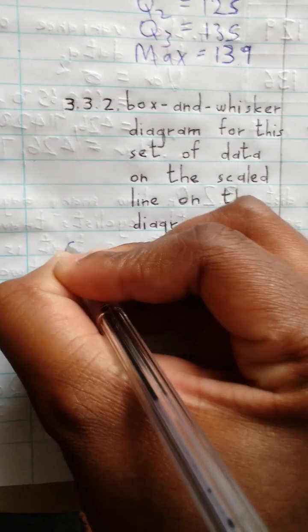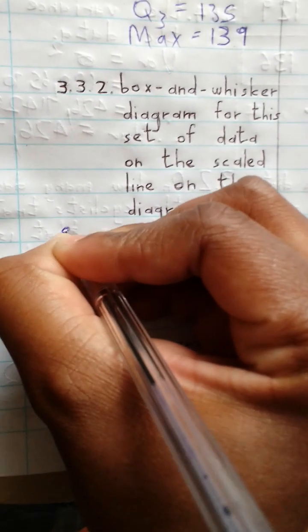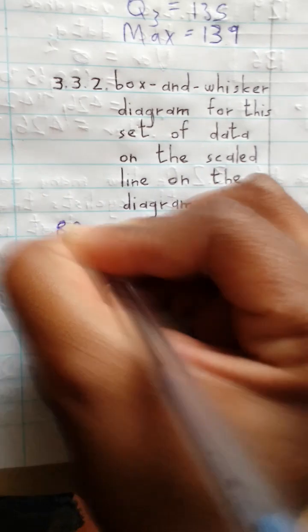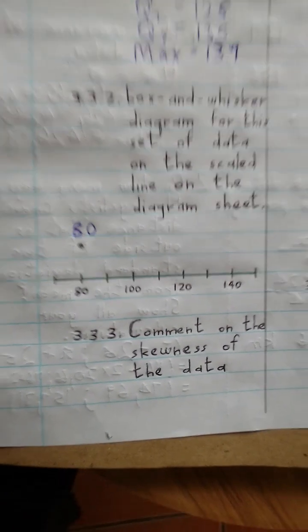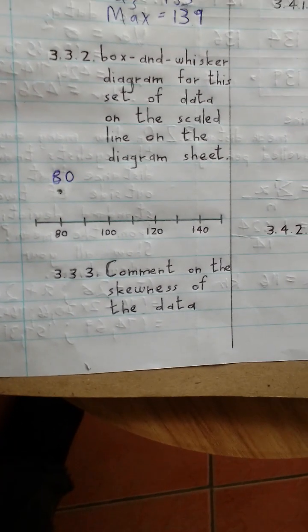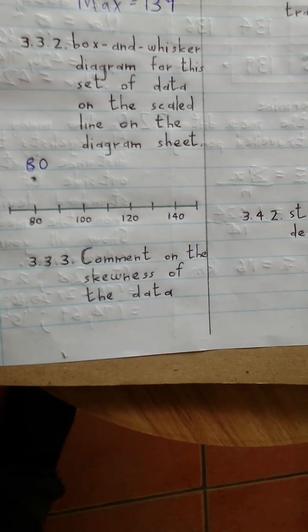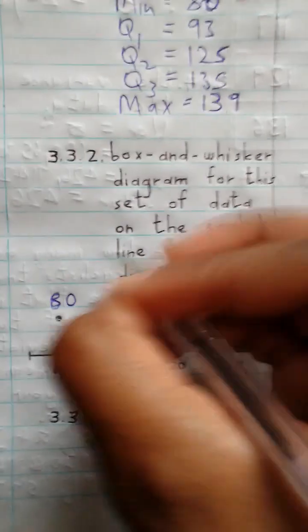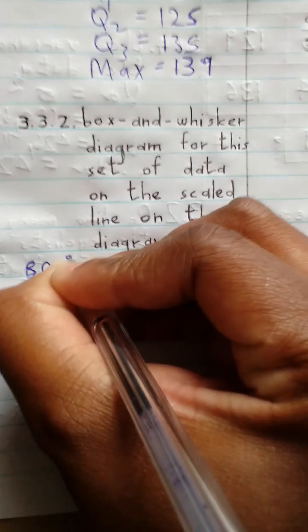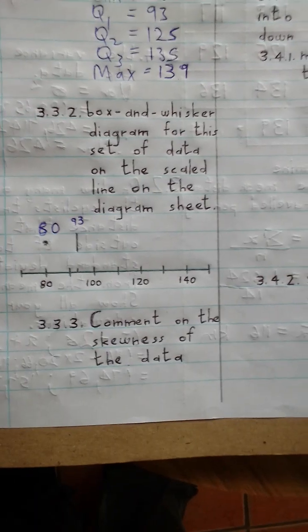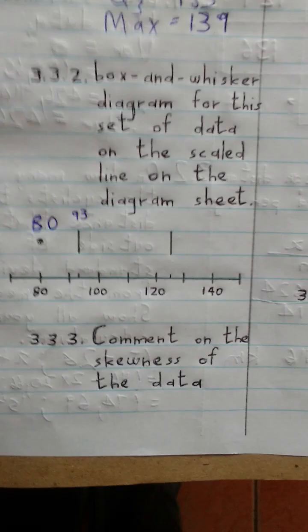So this is going to be 80, right? Then the first line is going to be at 93. There it is. So this is 93. Second line 125.